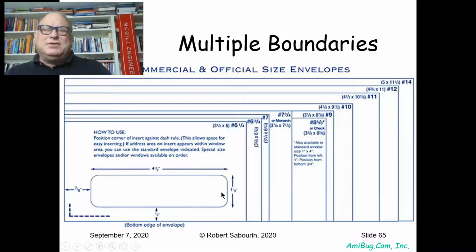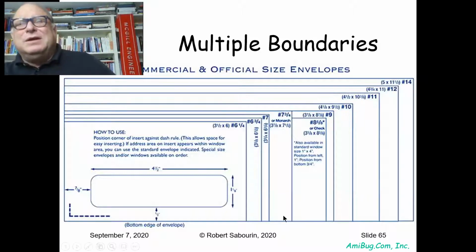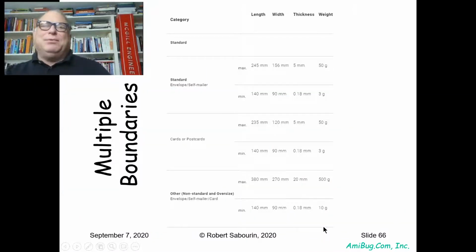If you look at this picture, this is a postal envelope size model where you can see there's a lot of different sizes of envelopes, and each one of them has an inscribed boundary, right? They all fit into different boundaries. And this is interesting for stuff like postal rate calculators to try to figure out what size your envelope is. And if it exceeds a width or exceeds a height or it exceeds a weight dimension, you may have to go into a different postal rate, for example.